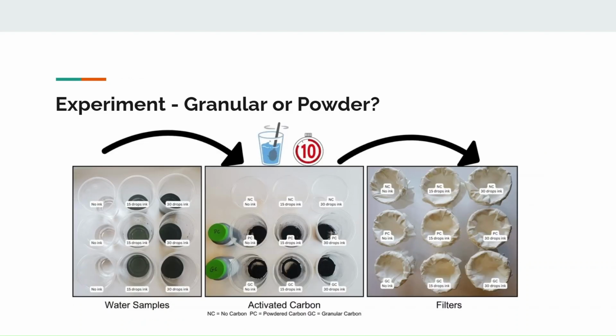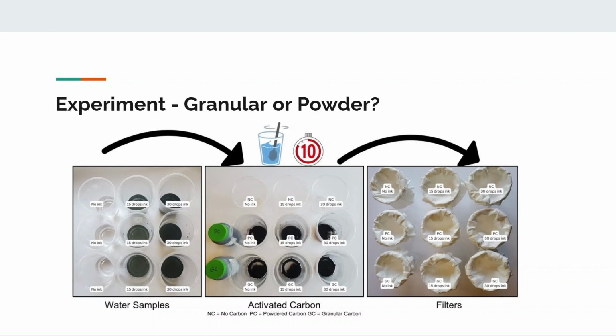You can perform an experiment to test water filters to see which material, granular or powdered activated carbon, filters better. To do this experiment, you'll first prepare several simple filters using the top halves of plastic bottles lined with coffee filters or paper towels. Into each one, add a different material: powdered activated carbon, granular activated carbon, and a control group with nothing added.